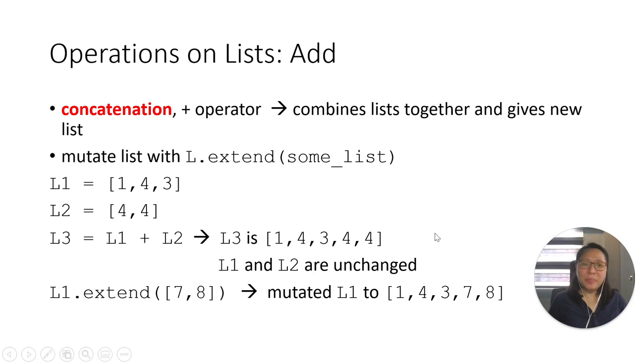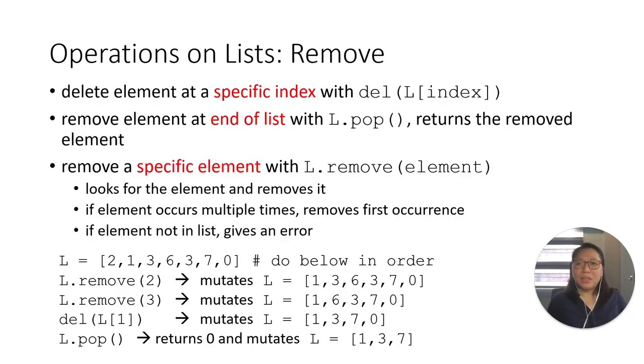We have to remember that there are operations that mutate and operations that create a new object. So if there are ways to add elements into a list, there are also ways to remove elements from a list.